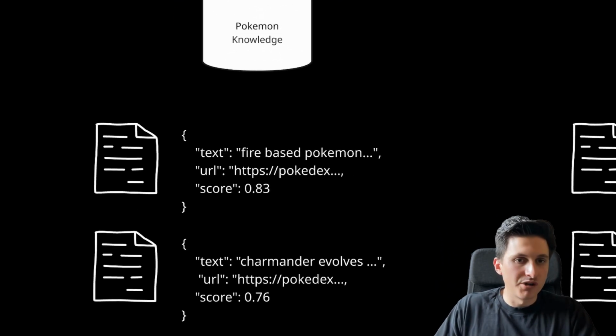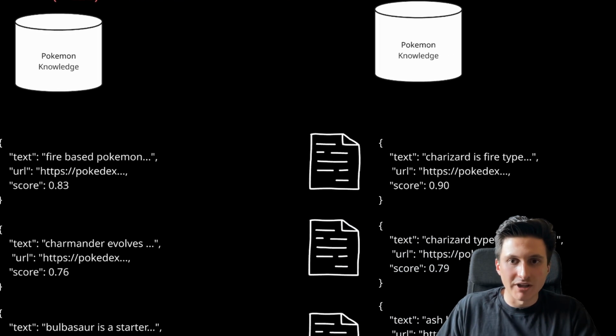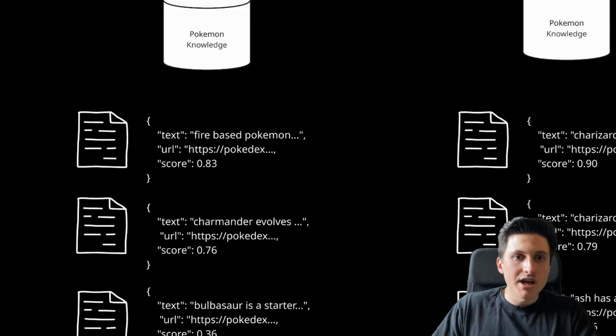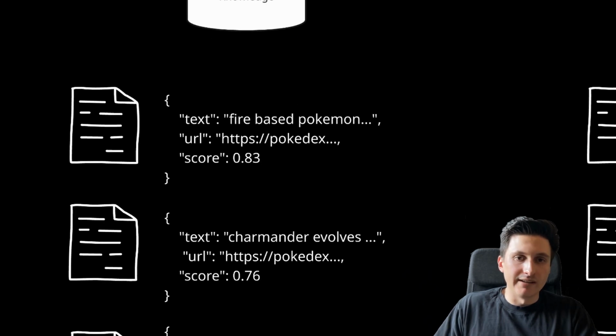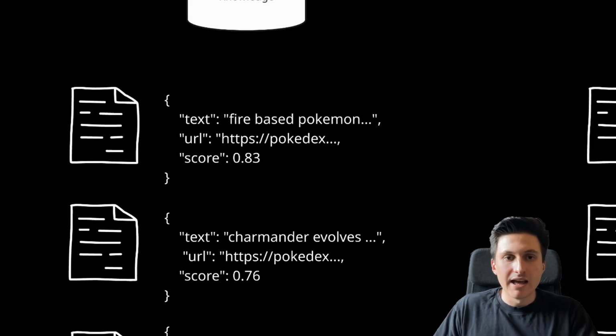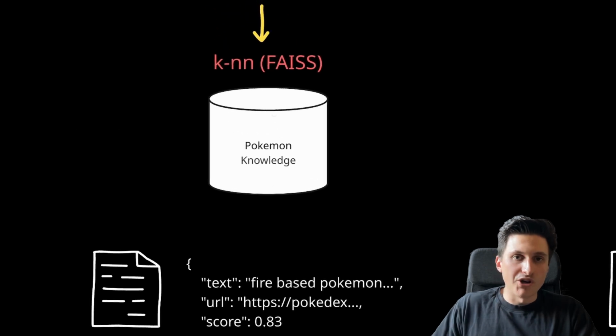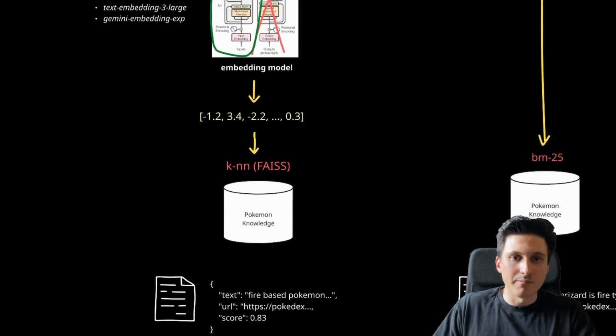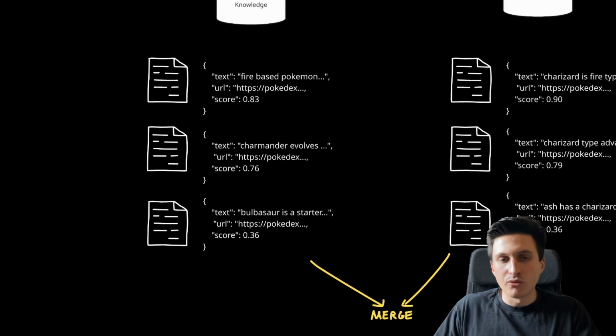So this will also return some documents, same as with the keyword search. It will also contain the text, the URL, and a score, which basically represents the distance metric between the query and this document.